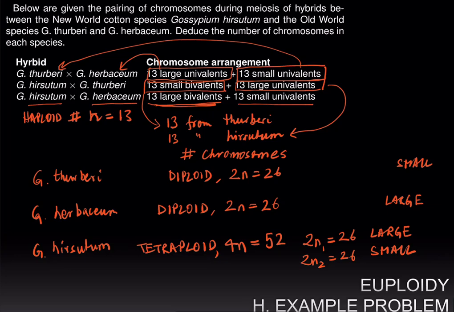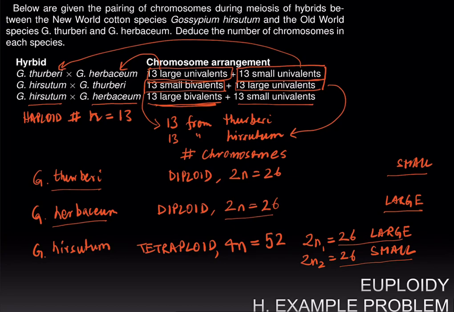Therefore, interpreting all this information from the crosses leads us to conclude that Thurberry and Herbaceum are diploid species, where Thurberry has a haploid number of 13 and it has small chromosomes, whereas Herbaceum also has a haploid number of 13 but it has large chromosomes, while Hirsutum has 26 large and 26 small chromosomes, making it a tetraploid.